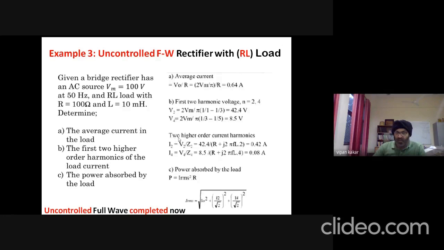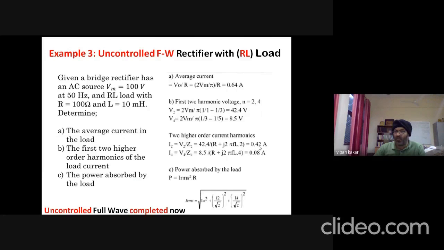And if we find out the currents using these voltages, the second harmonic has 0.42 amperes of current, which is kind of close to the actual DC current we want at the output, 0.64. So this harmonic content can cause a big problem for the load current over here.